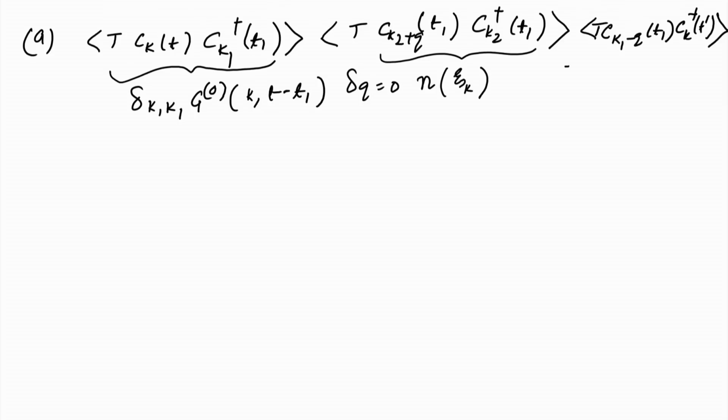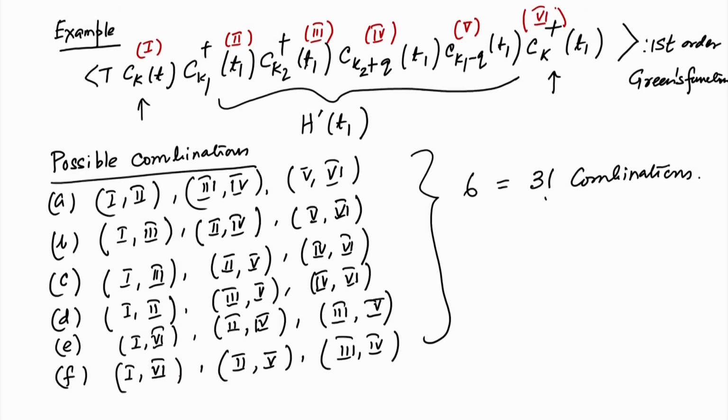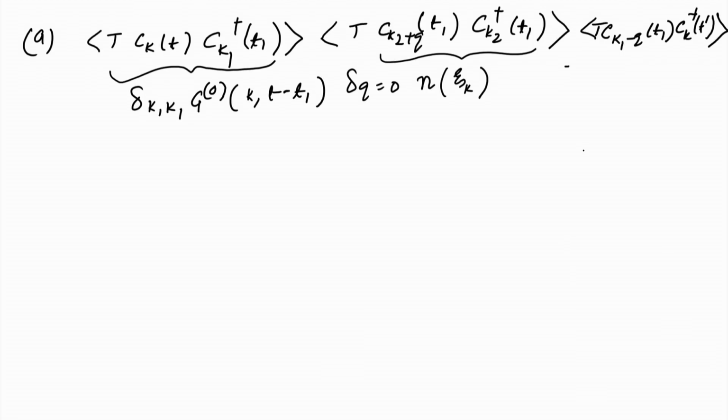Similarly, this is the second term, and similarly the third term is here. That is again delta q equal to 0 and a G0 of k1 and T1 minus T prime.